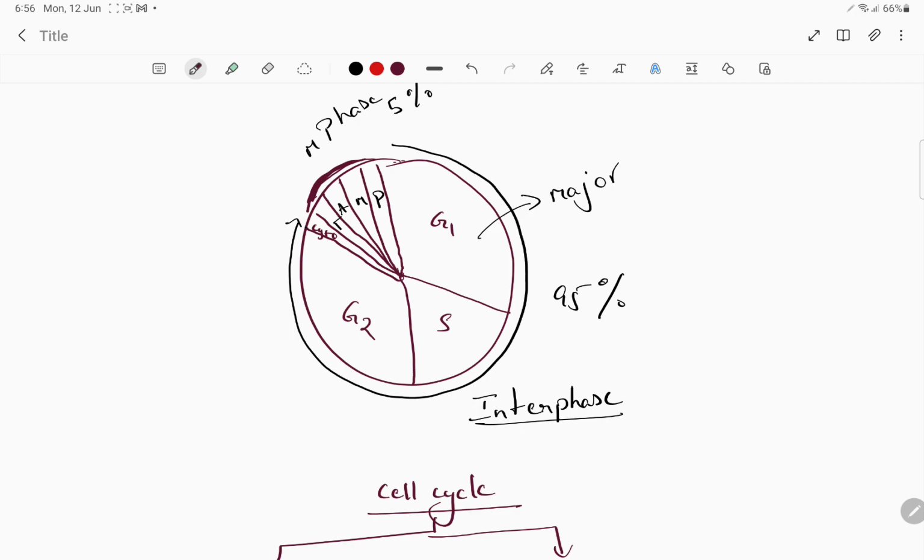The time required to complete one cell cycle, that is from the beginning of one cell division to the next, is the generation time. It is 90 minutes for yeast, and 8 to 10 hours for mucosa of intestine.